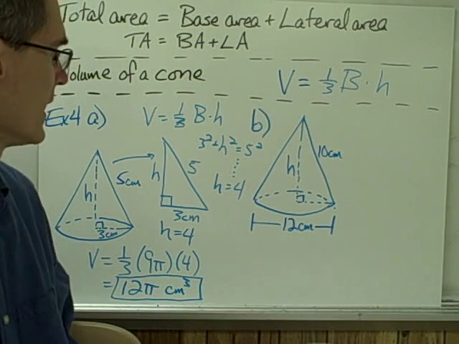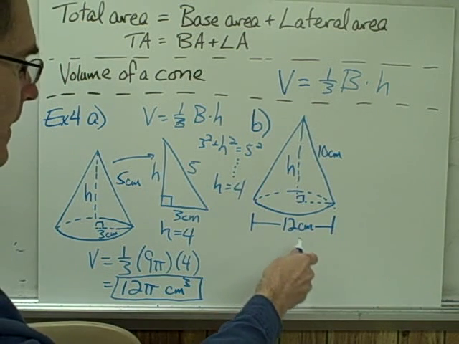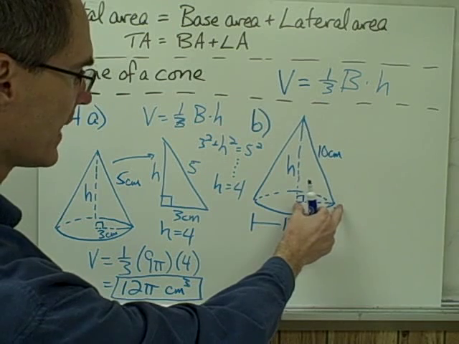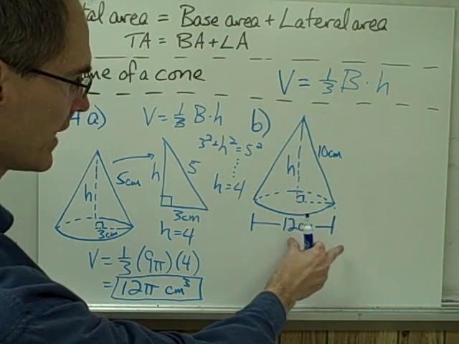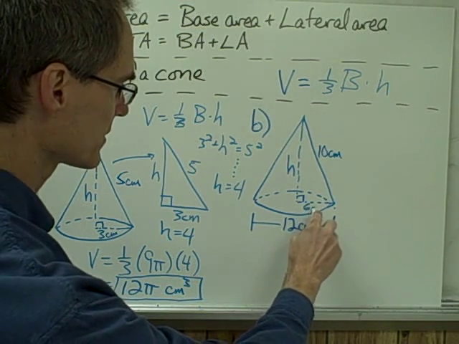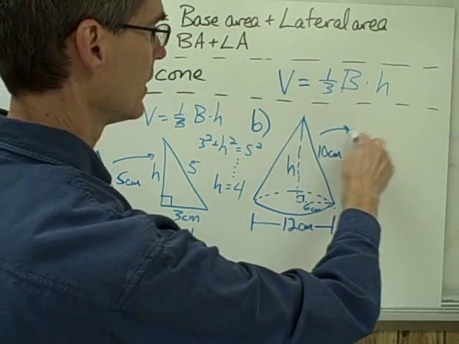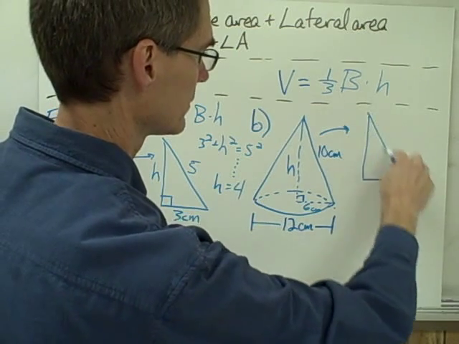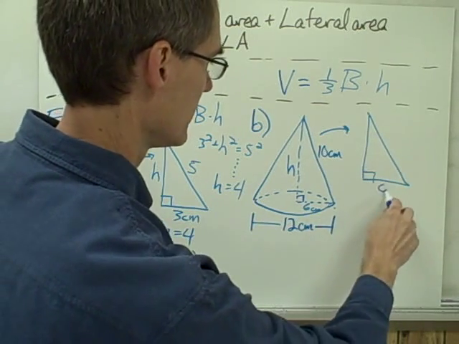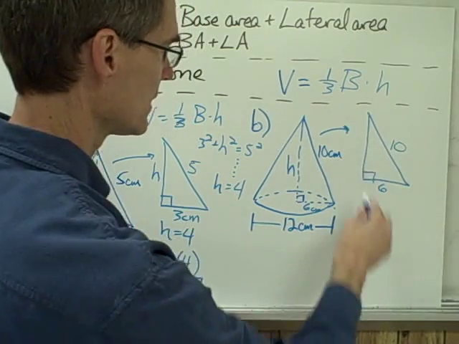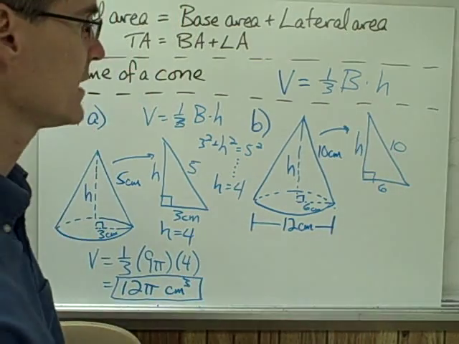Example 1b. Again, I know the value of my radius, it's half of the value of my diameter, so this is going to be 6 centimeters. Once again, I don't know the value of my height. Well, I break out my right triangle here. This is 6, this is 10. I'm looking for this value here, the height.